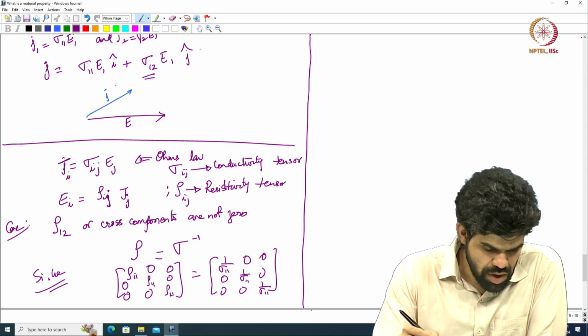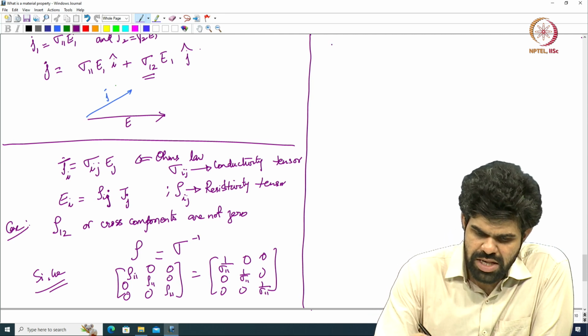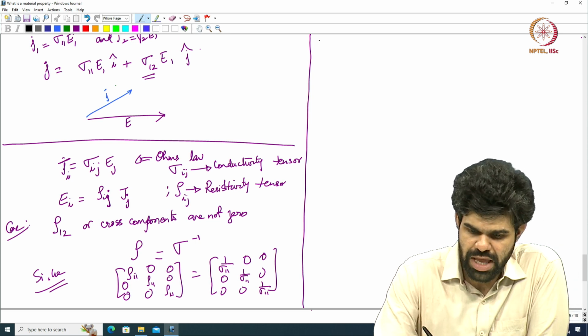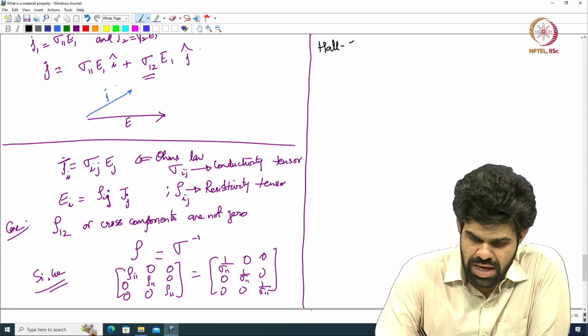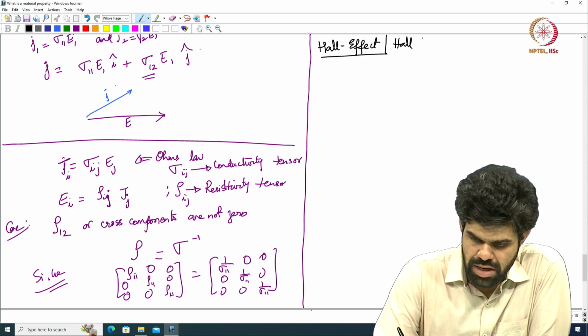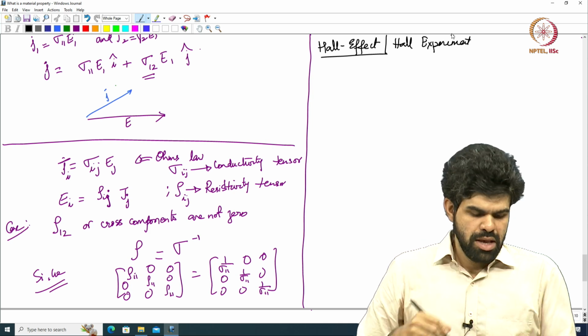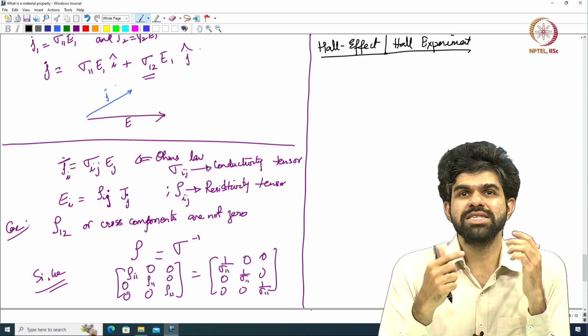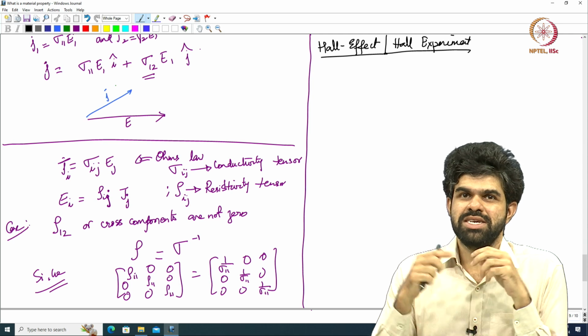Okay. So, now there is, however, one experiment that some of you may know, which is called the Hall effect or Hall experiment, where you would have seen these cross components being discussed in class, right.